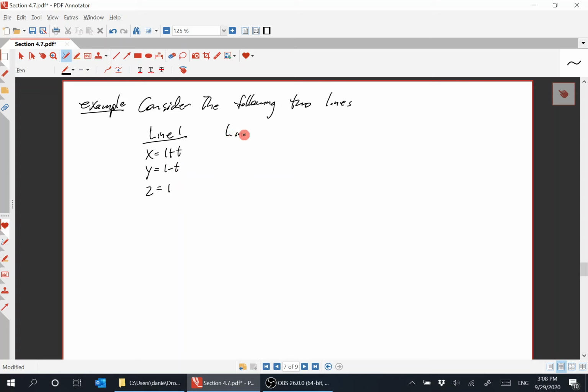And line 2, let's use a different parameter here, we'll use s: 1 plus 2s, minus s, 1 minus s. Okay, these lines are neither parallel nor intersecting.